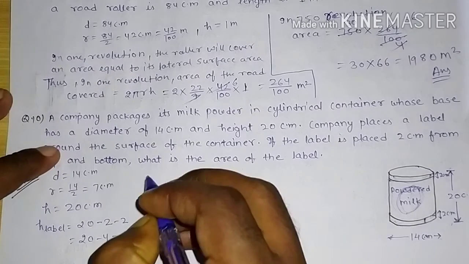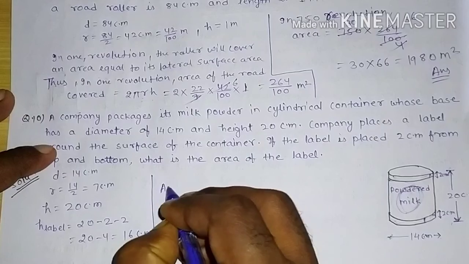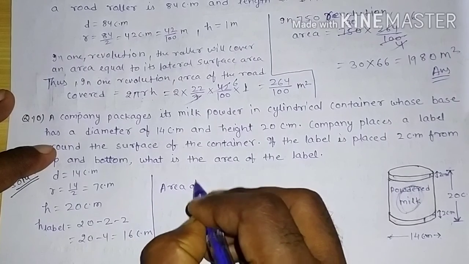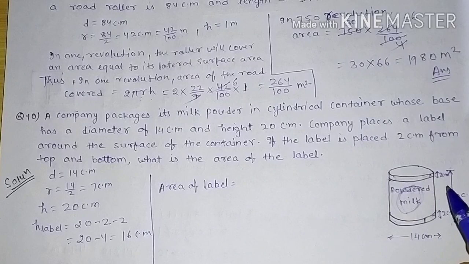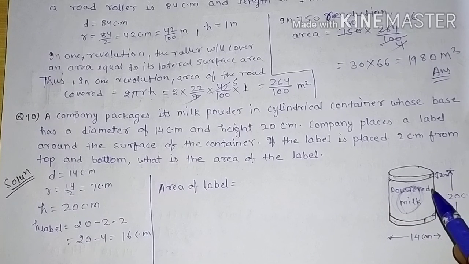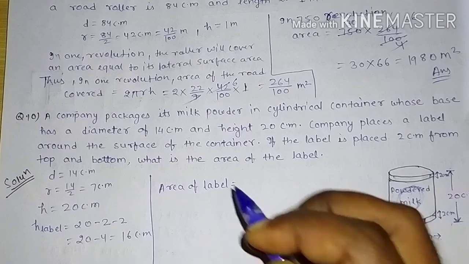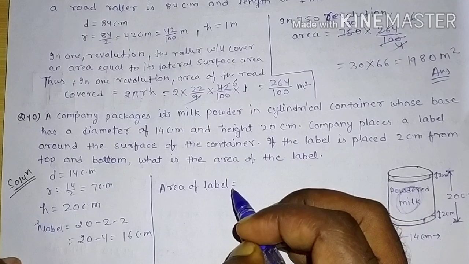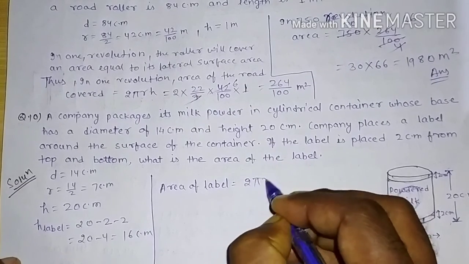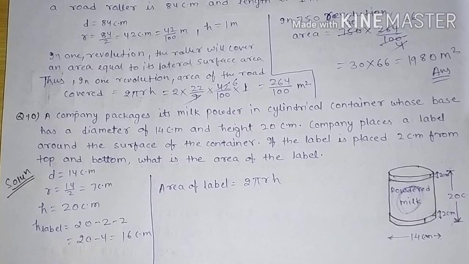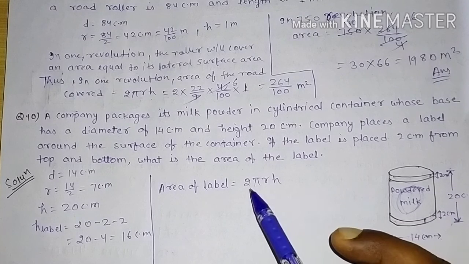So here we can find the area of the label. So it is in the shape of a curved surface. So the area of curved surface or area of the lateral surface, both are same. So it will be 2 pi RH. Okay, so the area of label is 2 pi RH because it is pasted on the curved surface area of the cylinder. Okay, so it is 2 pi RH.